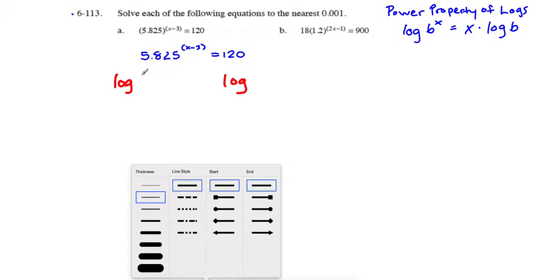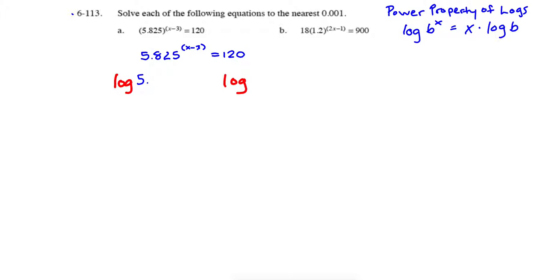But if we said the log of 5 and 825 thousandths raised to the power of x minus 3 should equal the log of 120, more or less I'm just taking the log of each side. Because I'm doing it to both sides, the equation should stay equal.